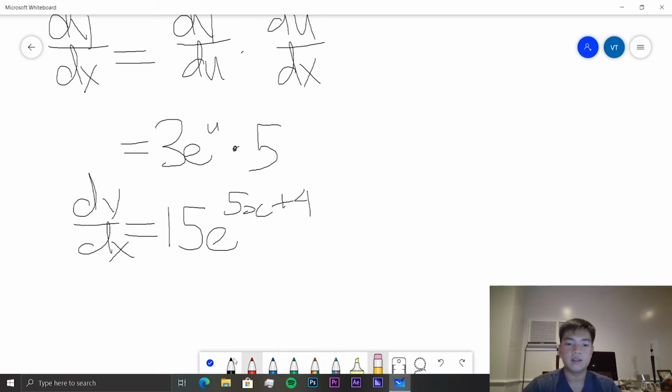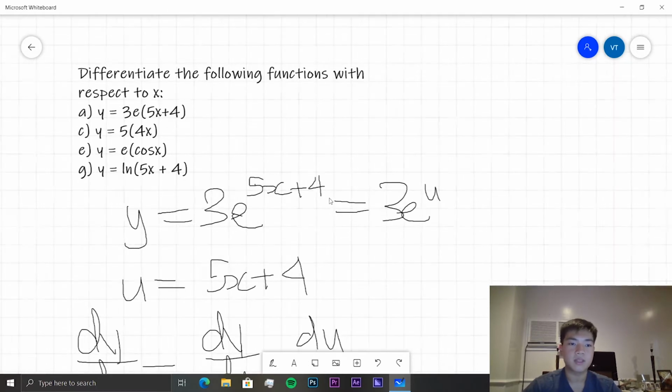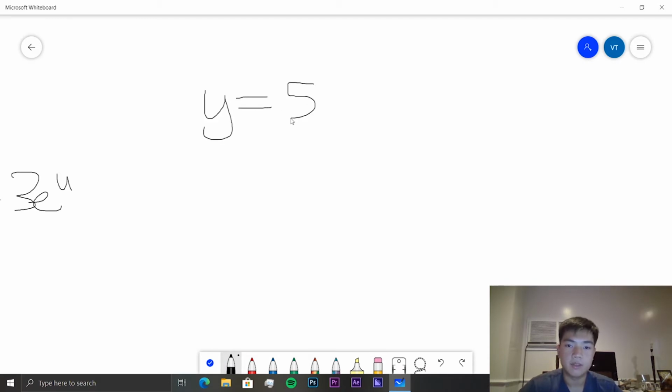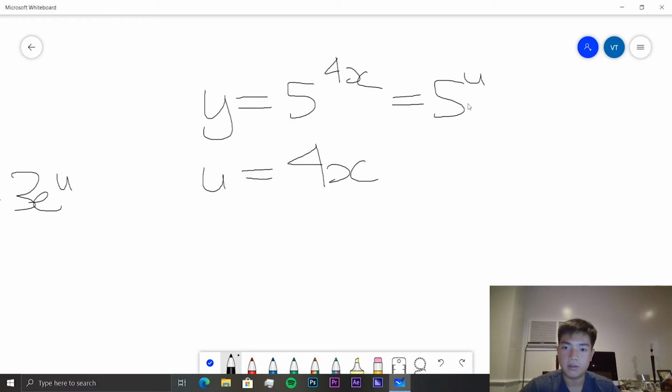Now let's do the next one. y is equal to 5 to the 4x. We label u is equal to 4x, and so y is equal to 5 to the u.